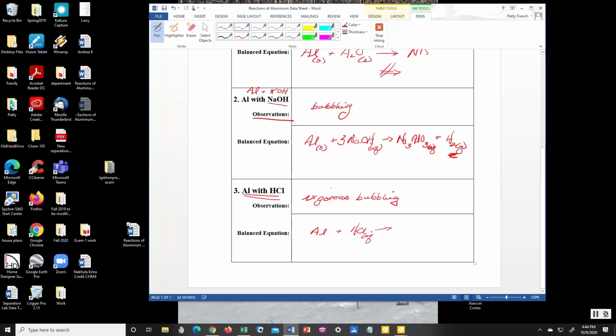And if you do your half reactions to find your net reaction, you'll end up finding that you had aluminum chloride, which was aqueous, and hydrogen gas. Now, I am not going to balance this for you. This is not balanced. You can do that on your own, okay? You need a little more practice on balancing, having looked at the exam. So make sure you balance that before you pass it in.